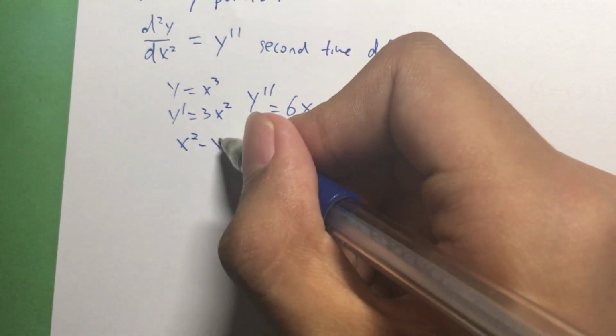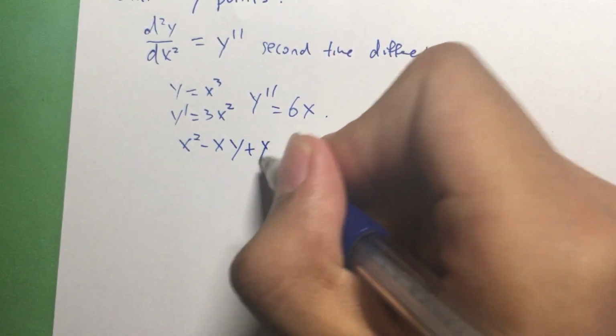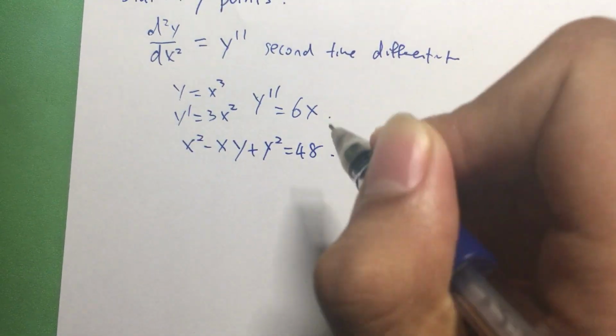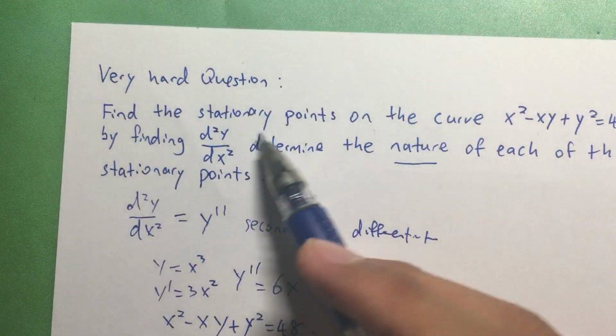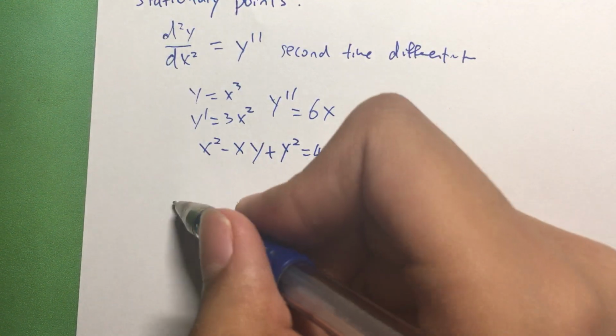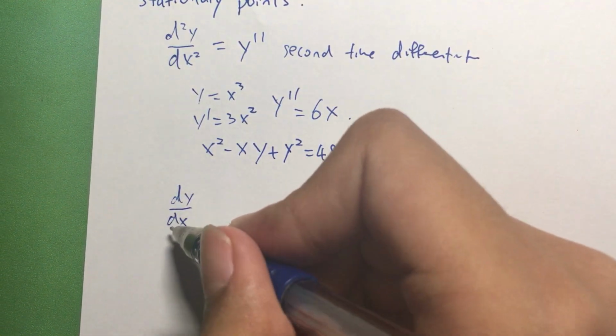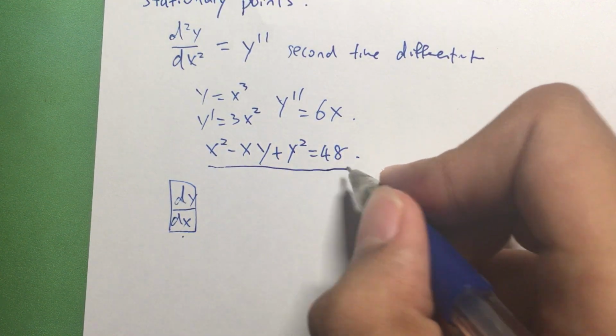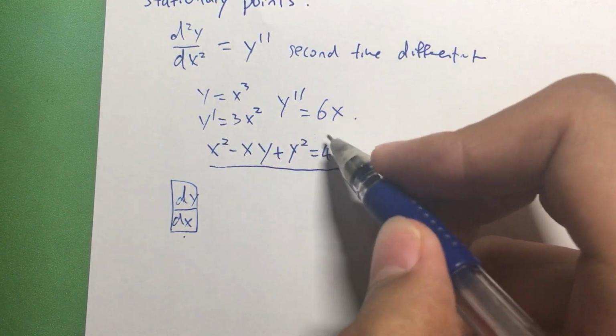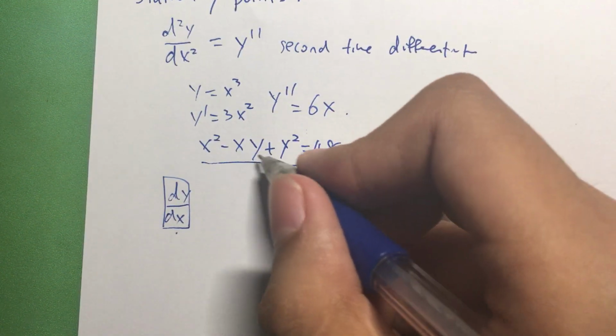So x squared minus xy plus y squared equals 48. And firstly, because we need to find stationary points, we need to find dy over dx. And now, because this is an equation, we can do differentiation on both sides.